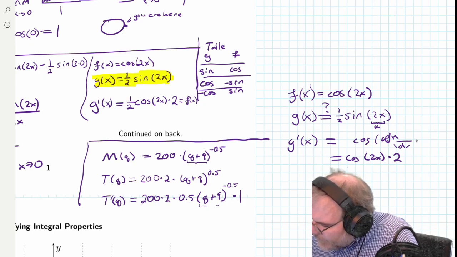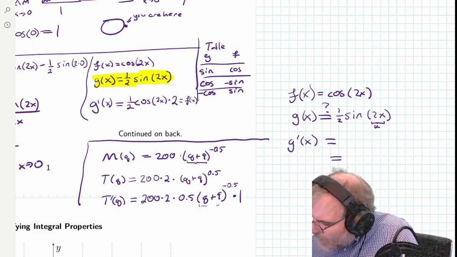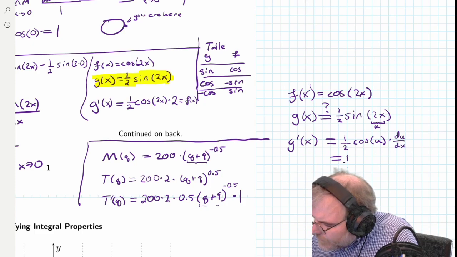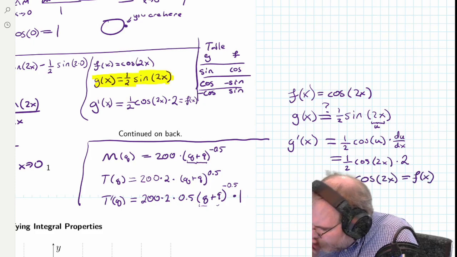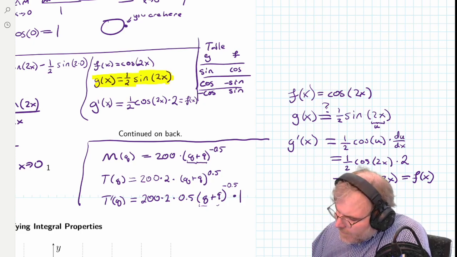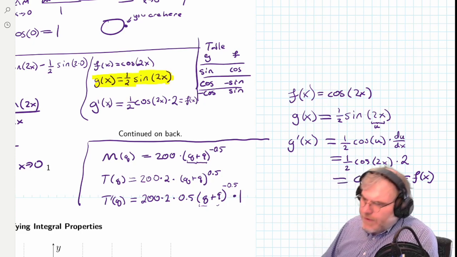Oh, that was just sloppy, wasn't it? Yeah. Now when I take my derivative, what happens? I get 1/2 cosine of u times du over dx, which equals 1/2 cosine of 2x times 2. And now I can get rid of the question mark.